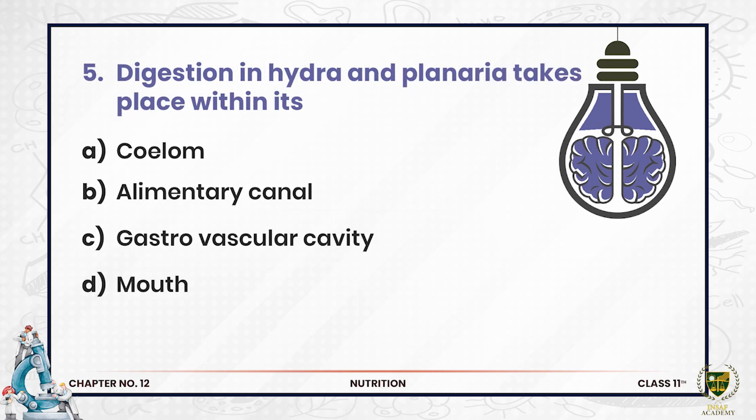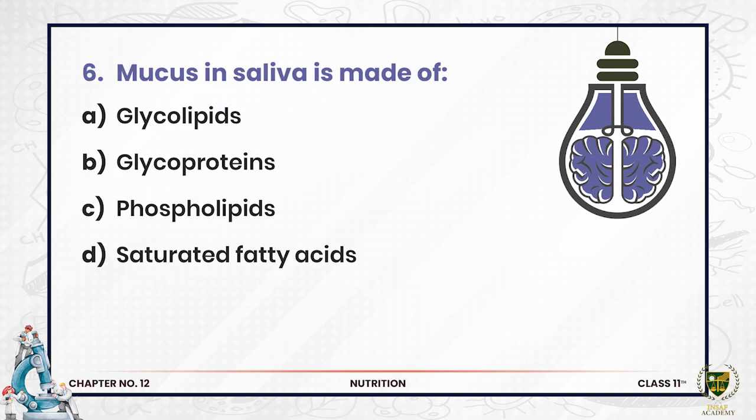Number 5, digestion in Hydra and Planaria takes place within its: alpha, coelom; beta, alimentary canal; Charlie, gastrovascular cavity; and delta, mouth. So the correct answer is Charlie, gastrovascular cavity. Number 6, mucus in saliva is made up of: alpha, glycolipids; beta, glycoproteins; Charlie, phospholipids; and delta, saturated fatty acids.